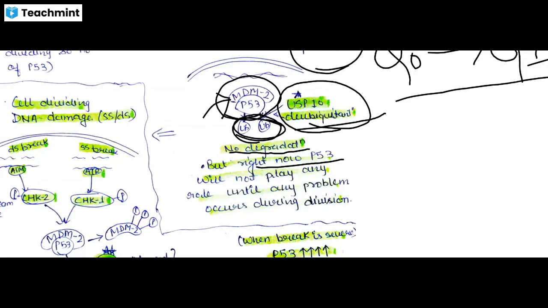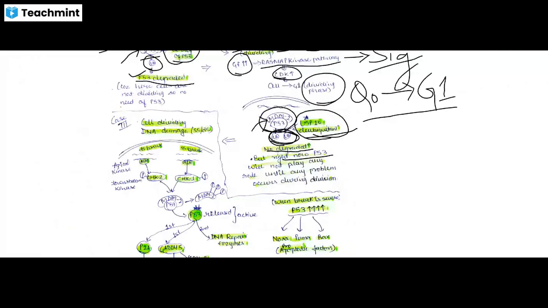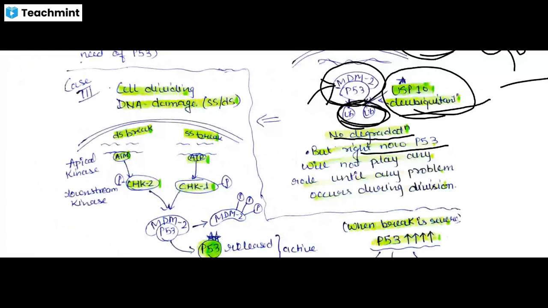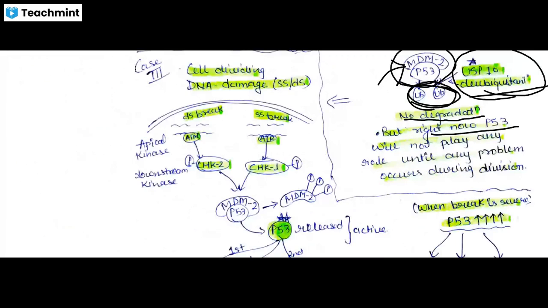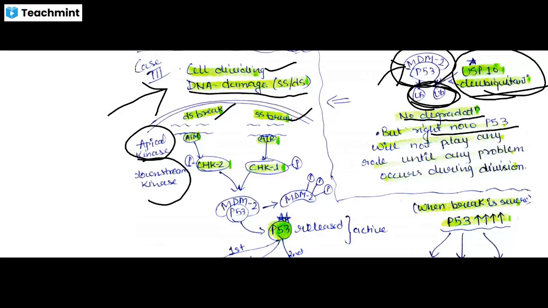Now, here comes case number 3, which is the most important case, which will tell us the entire functioning of P53. Case 3 says cells are dividing and damage is occurring. Cells are abnormally dividing. So when damage occurs in DNA, like double stranded break or single stranded break, kinases are activated. Apical kinase, downstream kinase.